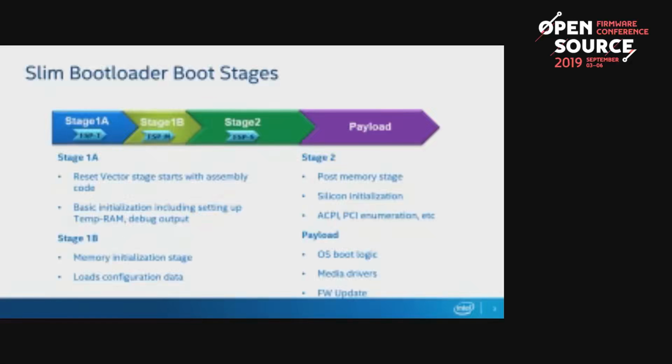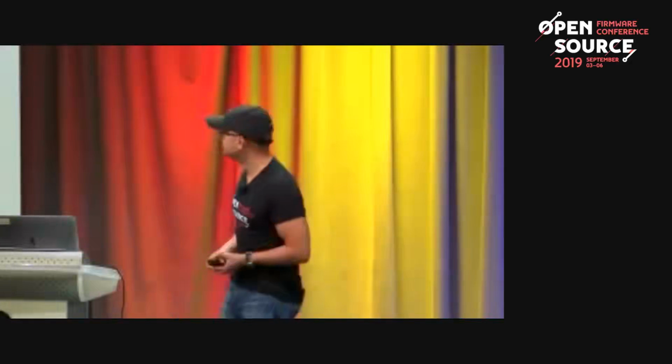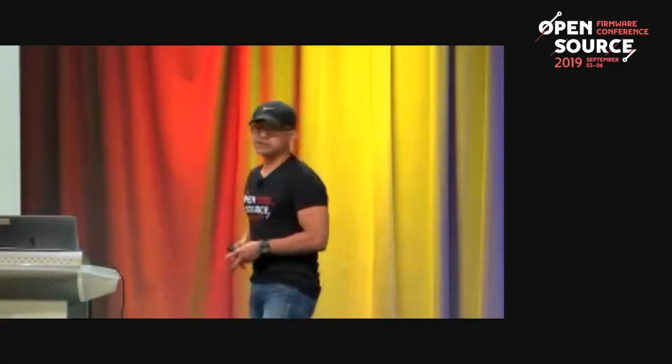In Slim Bootloader, we provide an EFI shell kind of environment for you to do certain things, but the payload can be configurable. When you download Slim Bootloader from the repo, it comes by default, if you remember my first talk this morning, with the OS loader, and the second one is the firmware update payload.